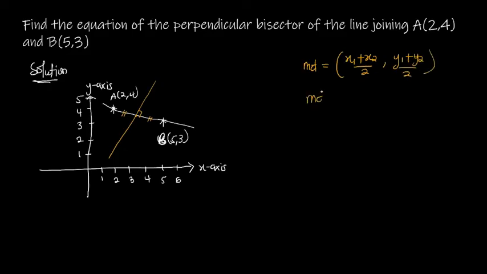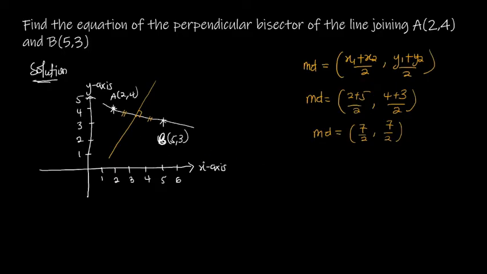So that will be equal to my x1, which is 2, plus my x2, which is 5, on 2, then my y1, which is 4, plus my y2, which is 3, on 2. So my midpoint is (7 on 2, 7 on 2). That becomes my midpoint for these two points A and B.